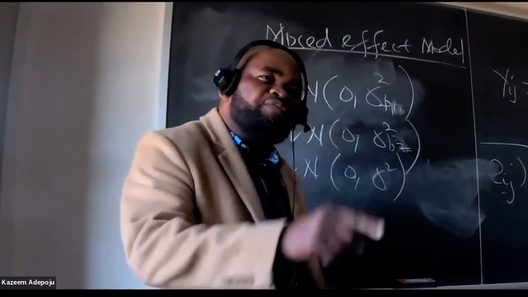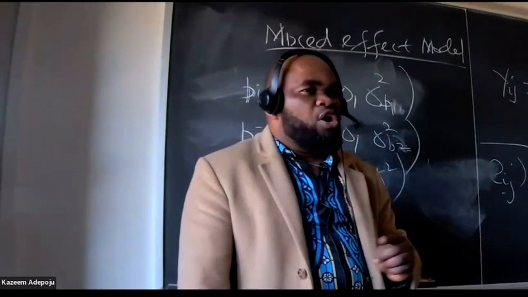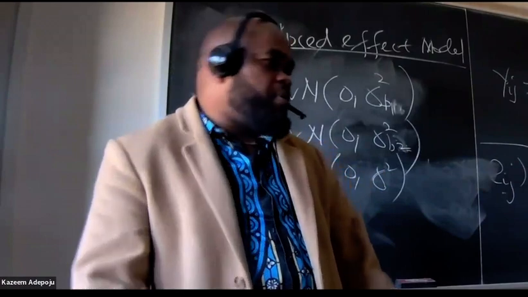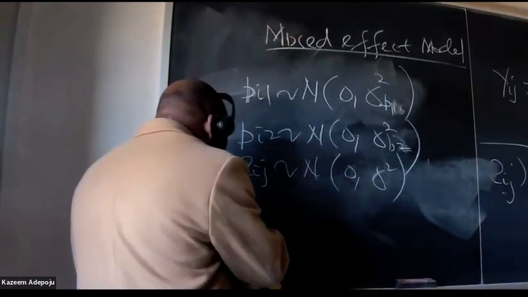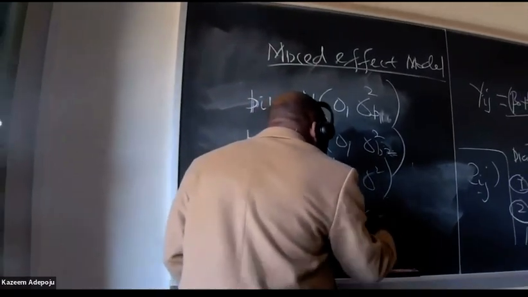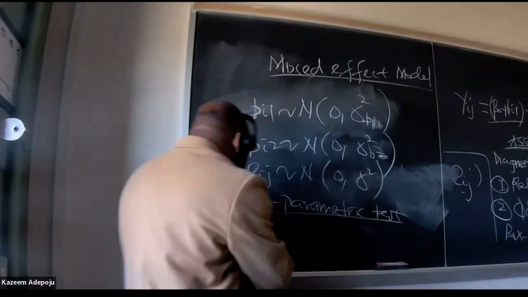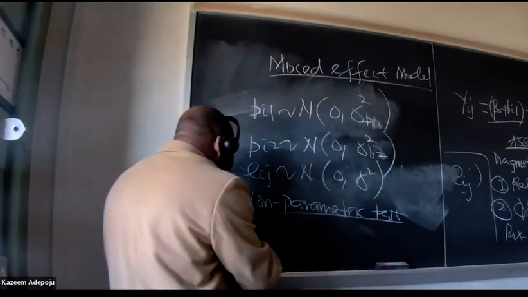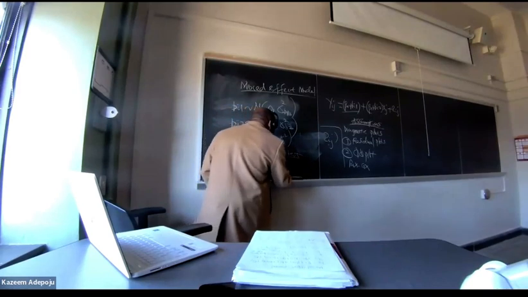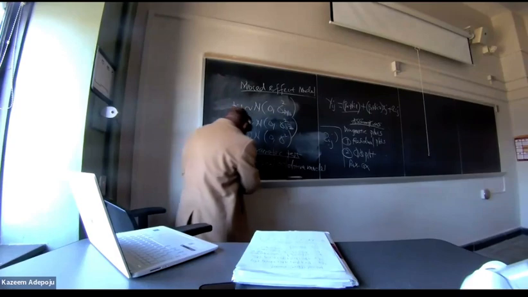But what if there is a violation of the normality assumption? What are we going to use? Then we can resort to a non-parametric test. One of the non-parametric approaches is the generalized additive model, or we can talk about bootstrapping.